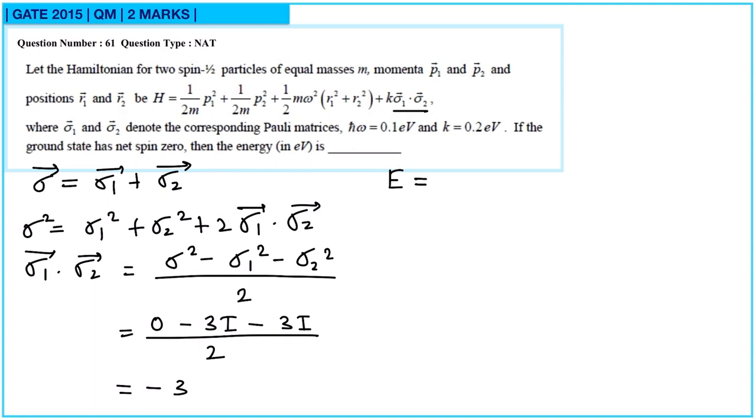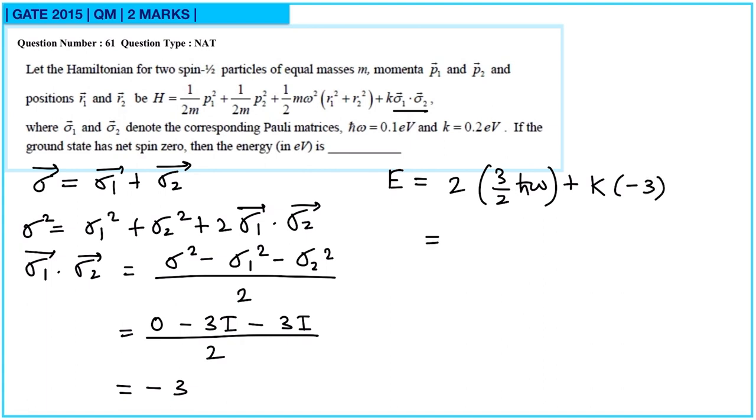So now the energy, this is a harmonic oscillator, so energy will be n plus half h cut omega, so this will be 2 into 3 by 2 h cut omega, plus we have k into sigma 1 dot sigma 2, which is minus 3, which we have calculated now.